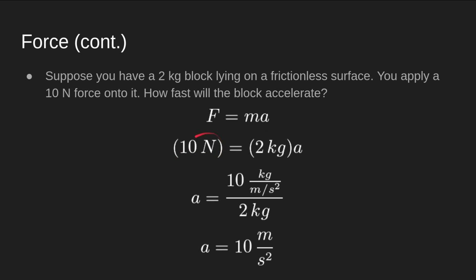We have a 10 Newton force, and that's equal to 2 kilograms times whatever acceleration the block experiences. So we just solve for a. a equals 10 kilograms meters per second squared, I just substituted in the units there for the Newton, divided by 2 kilograms, and then this should say a equals 5 meters per second squared. I forgot to actually do the division here. So it should be pretty clear how that works.